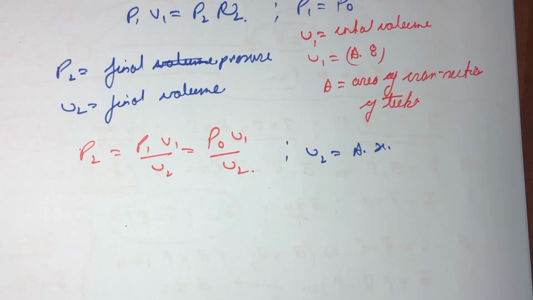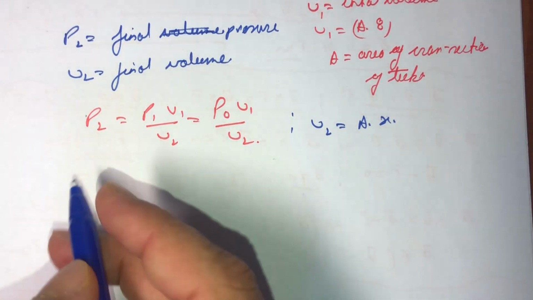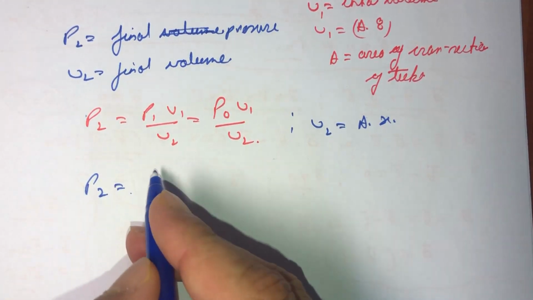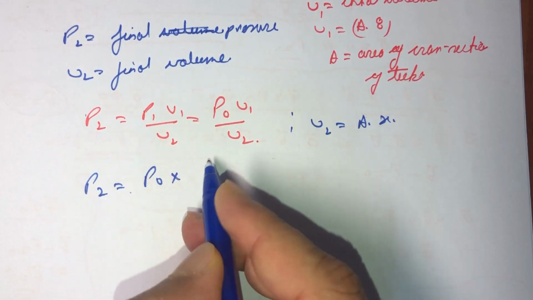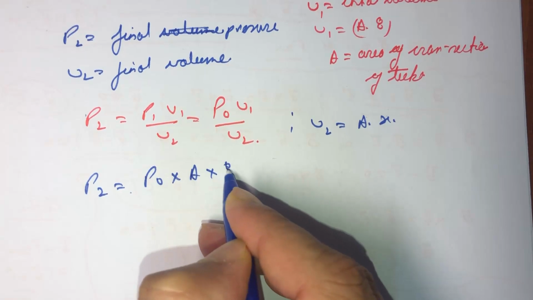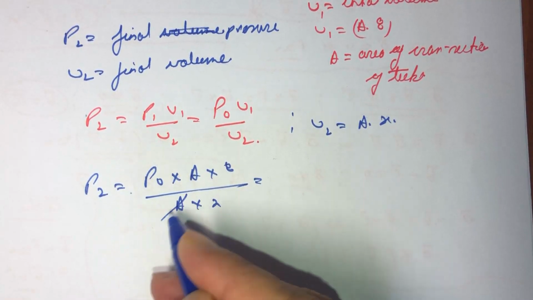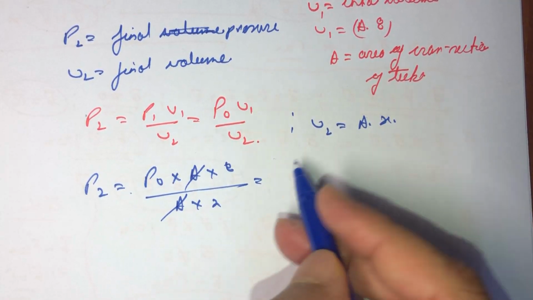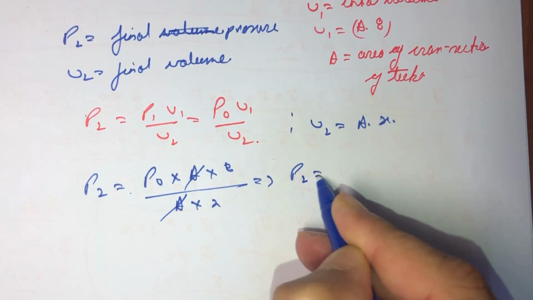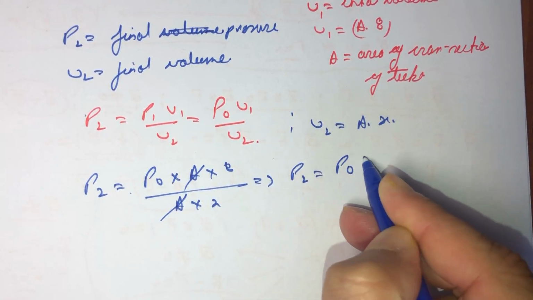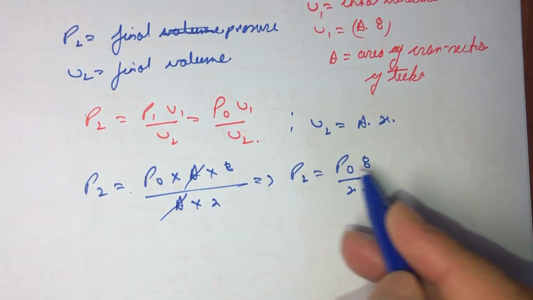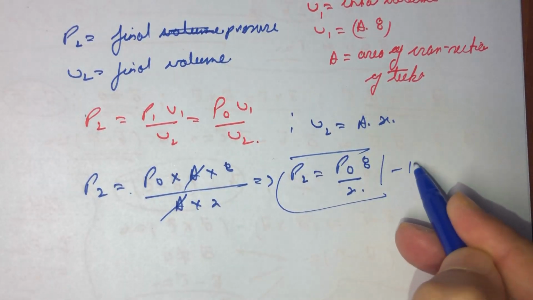Substituting, P2 is equal to P naught multiplied by A into 8 divided by A into x. A and A cancel out, so P2 is equal to P naught 8 divided by x. Let this be equation number 1.